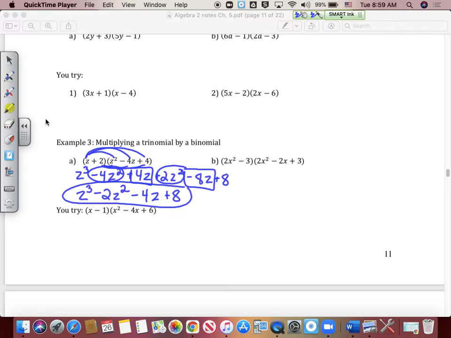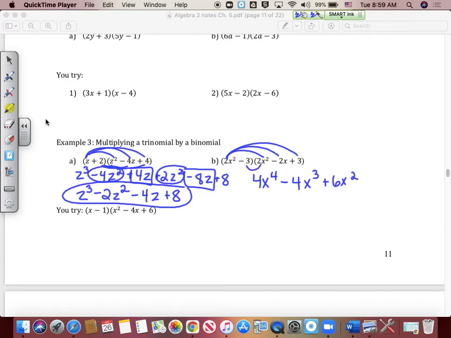so that would be the final answer for this one. All right, moving down the line, we are going to be multiplying 2x squared by everything on the right-hand side, and then we'll be multiplying negative 3 by everything on the right-hand side. So 2x squared times 2x squared is 4x to the 4th power because we're adding the exponents, remember. 2x squared times negative 2x is negative 4x to the 3rd power. 2x squared times 3 is a positive 6x squared.